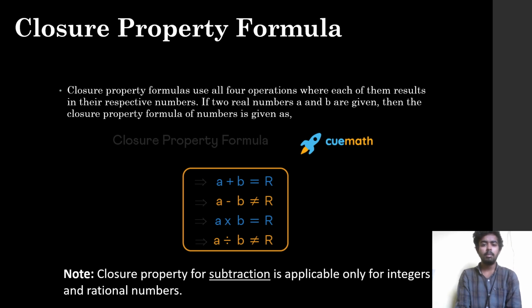If two real numbers a and b are given, then the closure property of numbers is given as a plus b equals, or a minus b equals, or a cross b equals, or a divided by b, b not equal to zero, equals. Note: closure property for subtraction is applicable only for integers and rational numbers.